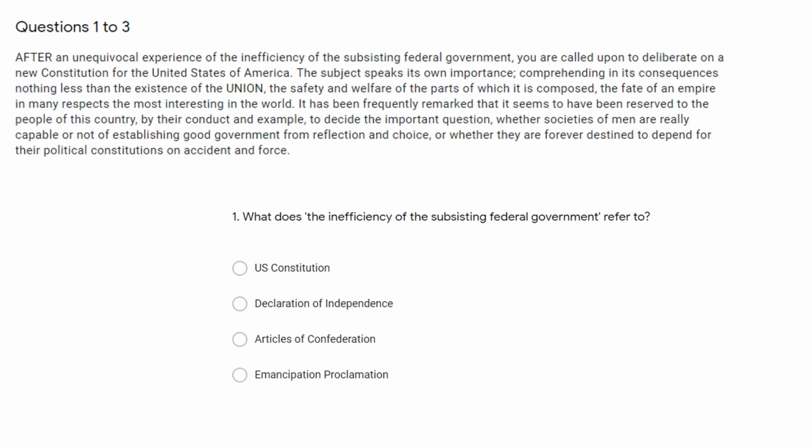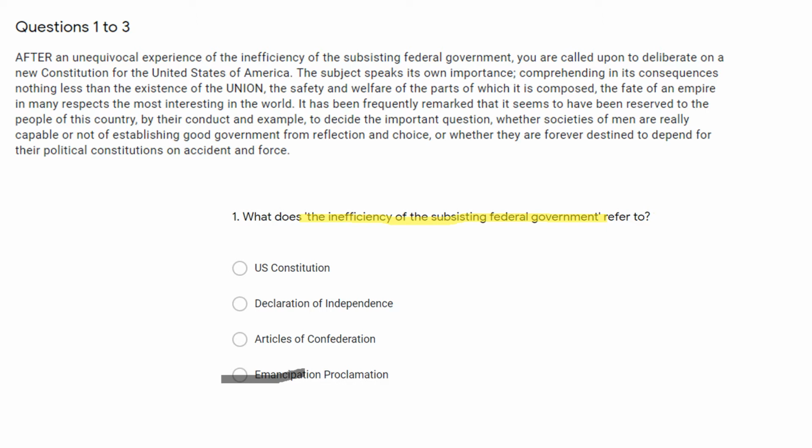Now, what does the inefficiency of the subsisting federal government refer to? The US Constitution, the Declaration of Independence, Articles of Confederation, or the Emancipation Proclamation. Now we know the Emancipation Proclamation was during the Civil War, and this is what set the slaves free in the Confederacy.